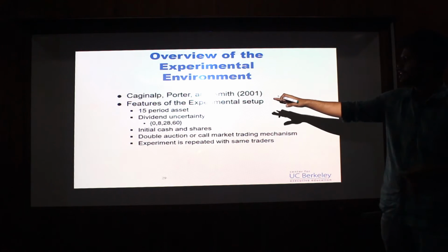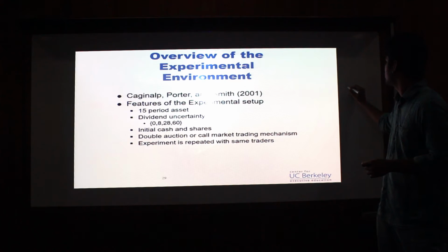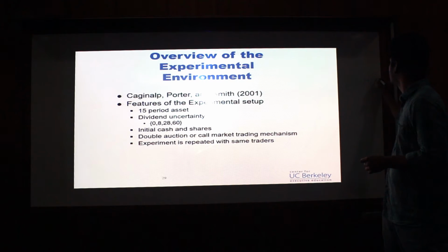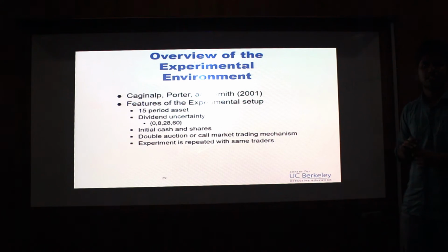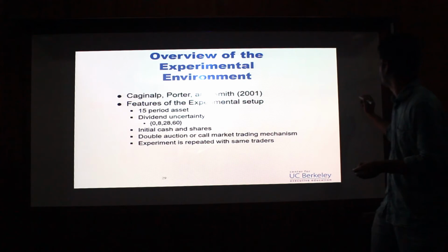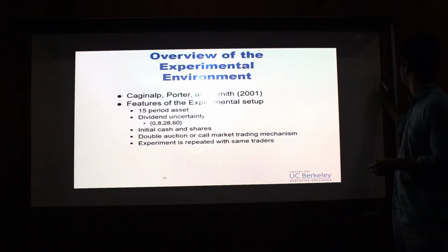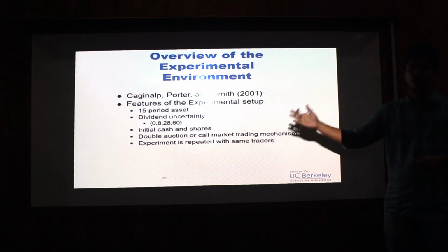So the expected return at each period is 1 by 4 into 0 plus 8 plus 28 plus 60, which is 24. So at each period, the expected dividend for me is 24 rupees.